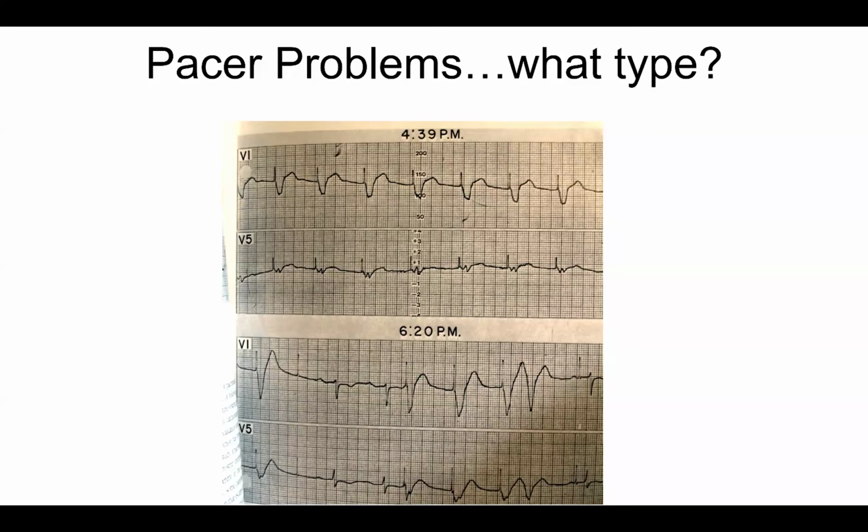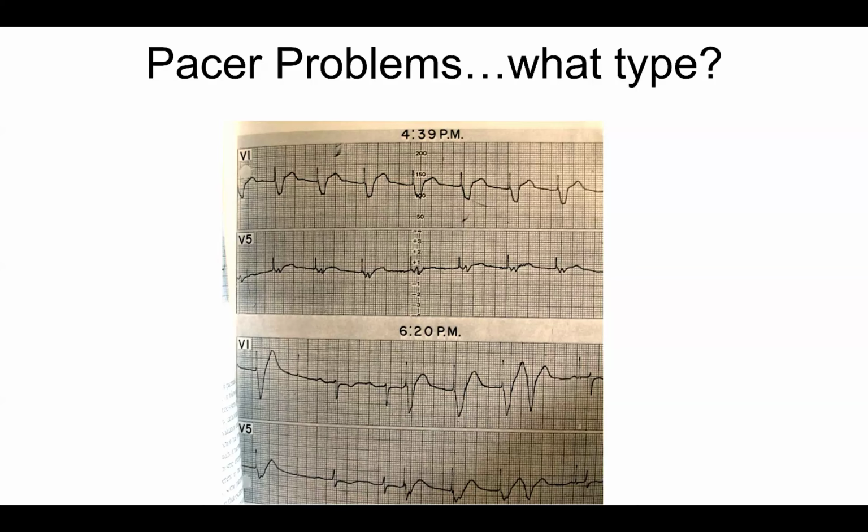So in this particular case that we're looking at on the screen, this would immediately warrant a visit to the cardiologist in order to assess the lead, both the sensing and the pacing. And sometimes we need to put the patient in different positions because it might be a positional issue.